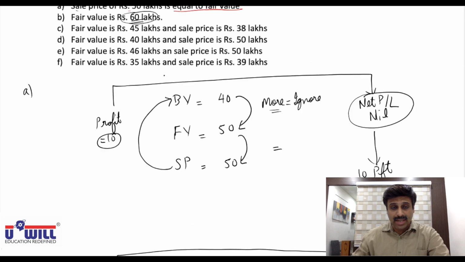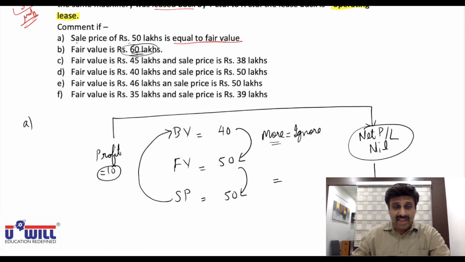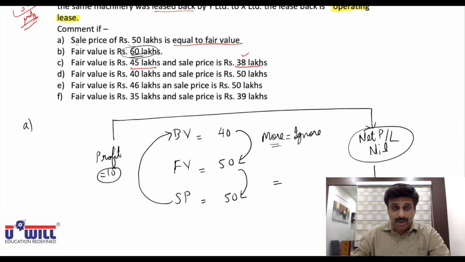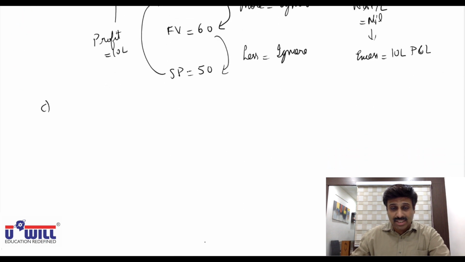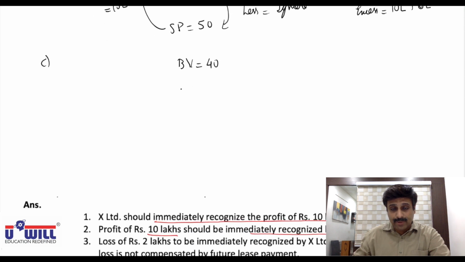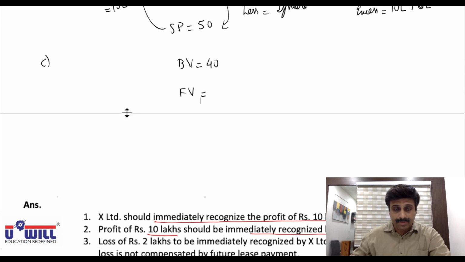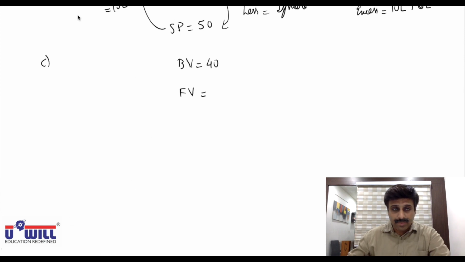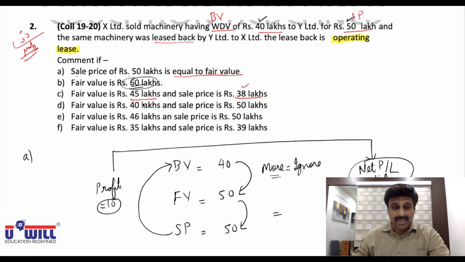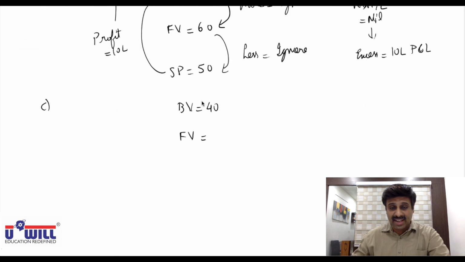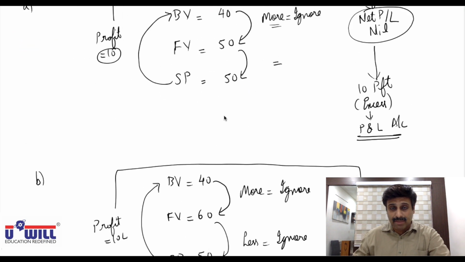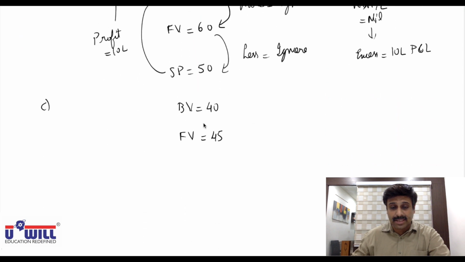In the third situation, fair value is 45 lakhs and selling price is 38 lakhs. Selling price is changing now. Book value of 40 lakhs remains the same.